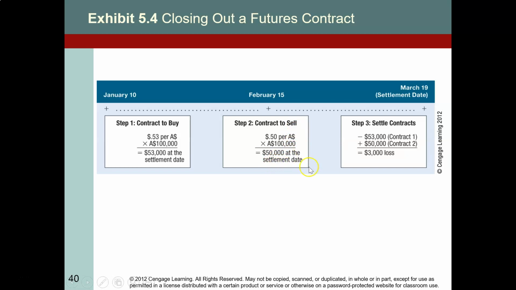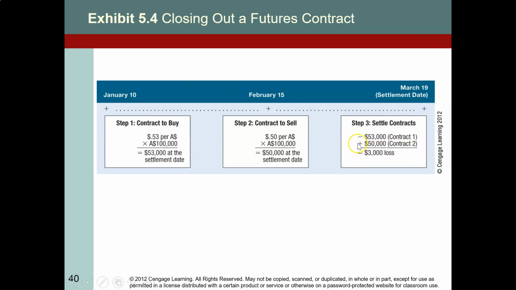On the settlement date, the same person is going to have to sell and receive $50,000. Okay, so on the settlement date, the two futures contracts have to be carried out at the same time.